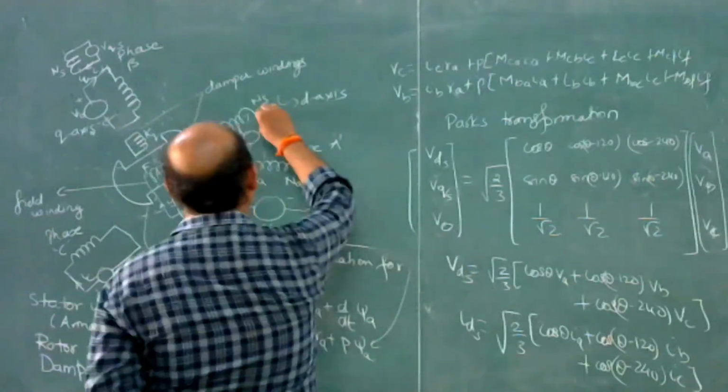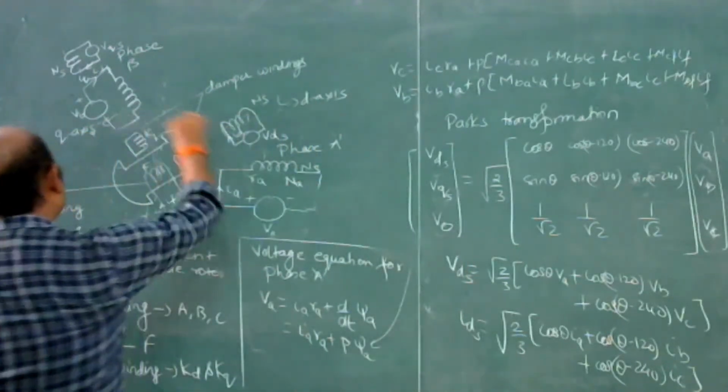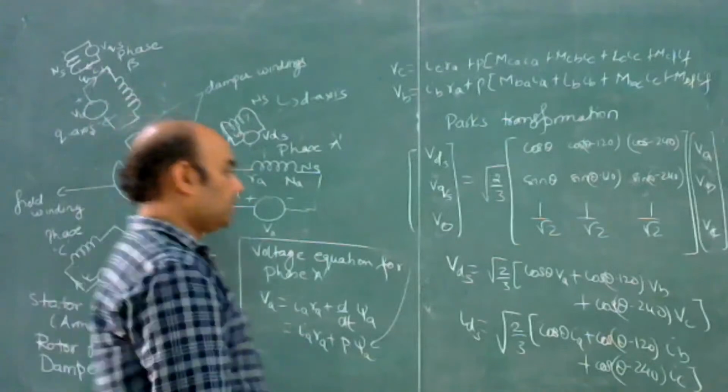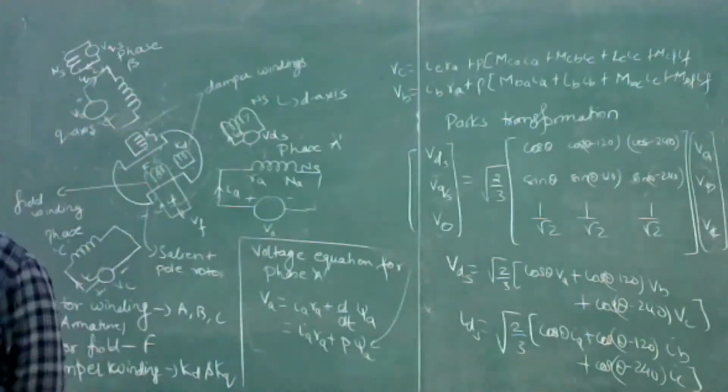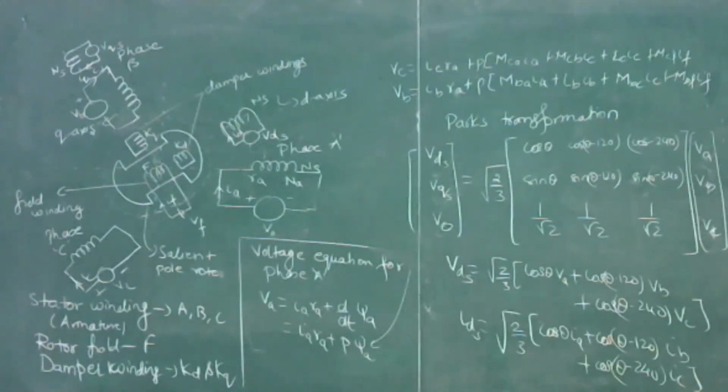So this VDS and IDS, the voltage induced in them, is running with the speed of the rotor. So this is the transformation.